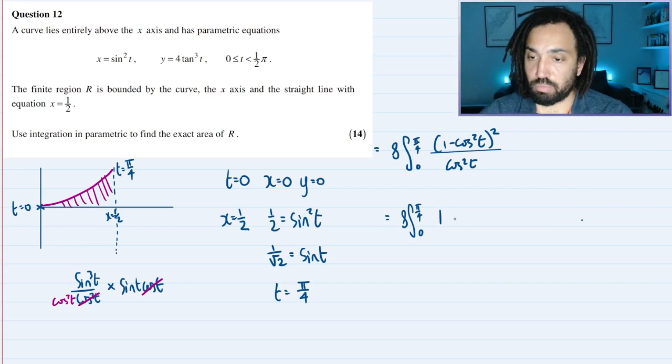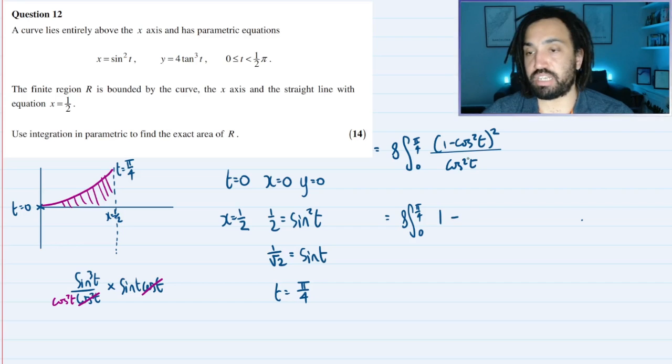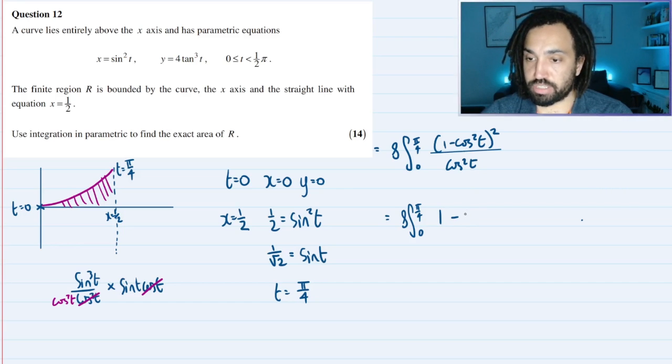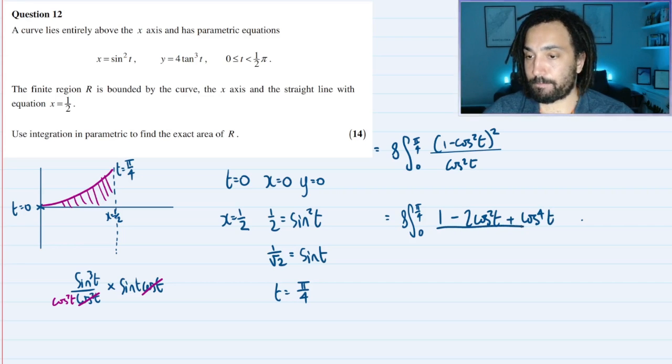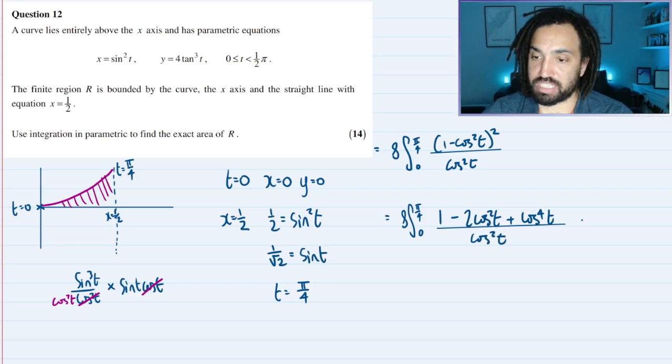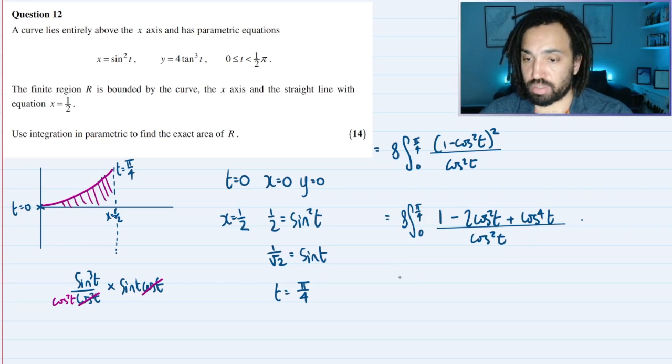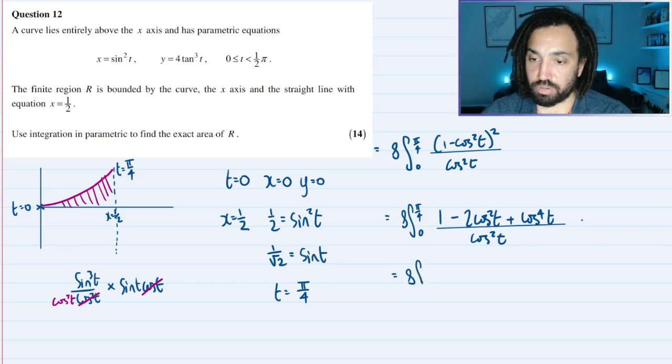On the top we get 1, and we're going to get minus 2 lots of cos squared t, and we're going to get plus cos to the 4t. And again, that's all over cos squared t. Okay, and now what we can do is we can split up each of these fractions.